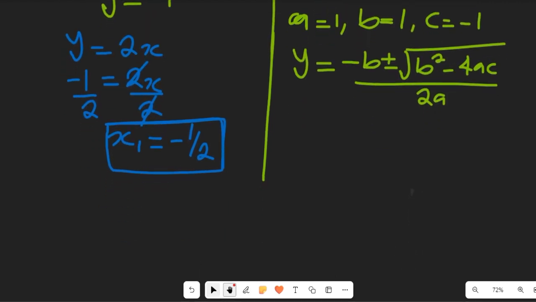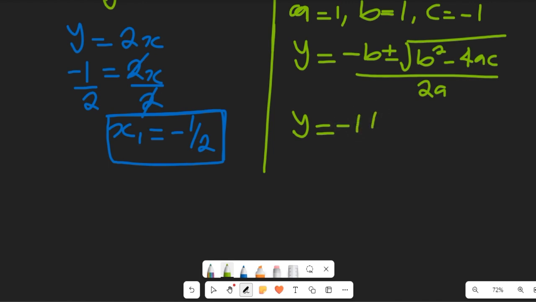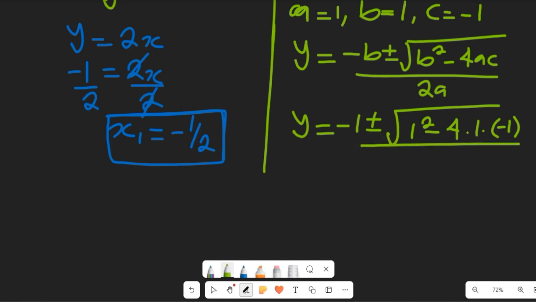Now, with a equal to 1, b equal to 1, and c equal to -1, we can have the value of our y to be equal to -1 plus or minus the square root of 1 squared minus 4 multiplied by 1 multiplied by -1, and all this will be divided by 2 multiplied by 1.